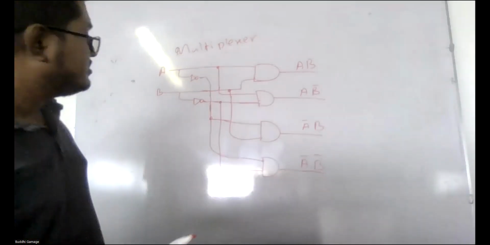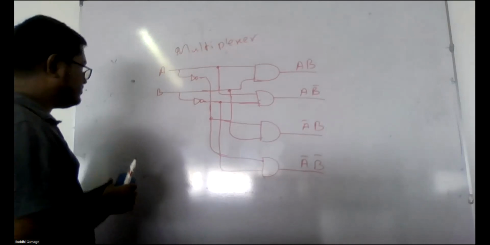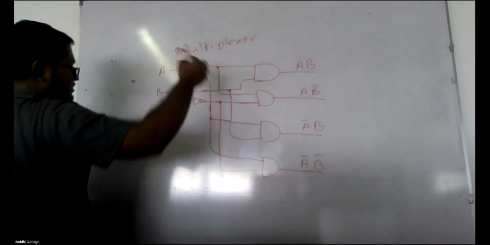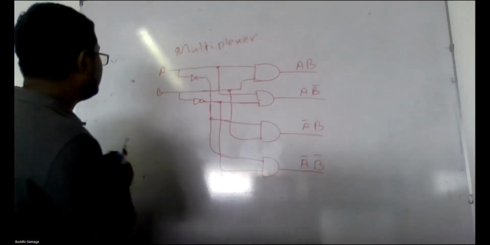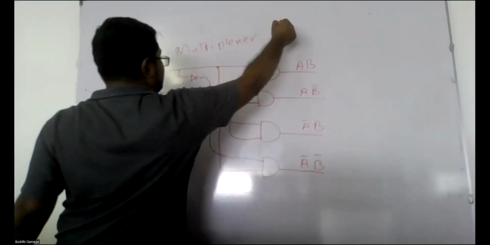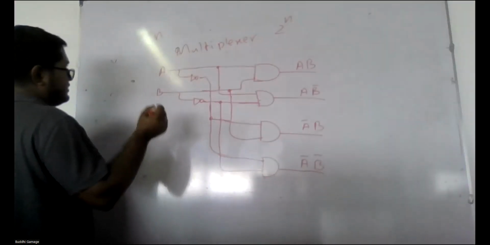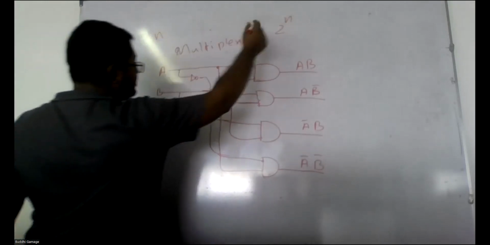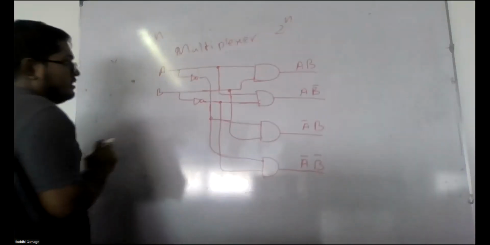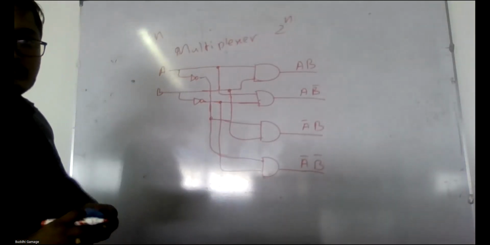So as I mentioned, there are control lines, and in a decoder, if there are n inputs, there are 2 to the power n outputs. So in a multiplexer, if there are n control lines, there are 2 to the power n inputs, right?